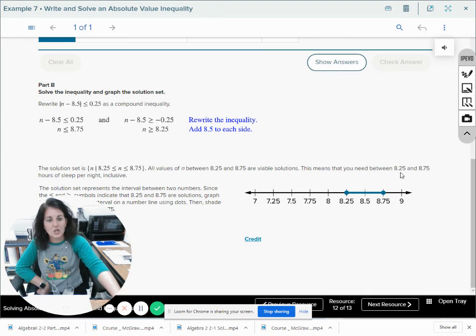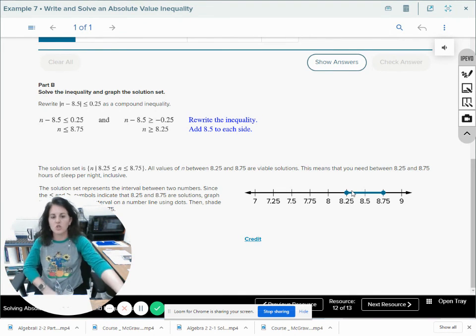So this means that you need between 8.25, or 8 hours and 15 minutes, and 8.75, which would be 8 hours and 45 minutes of sleep each night, inclusively. We're including those values. You could get 8 hours and 15 minutes. You could get 8 hours and 45 minutes. It includes those numbers.